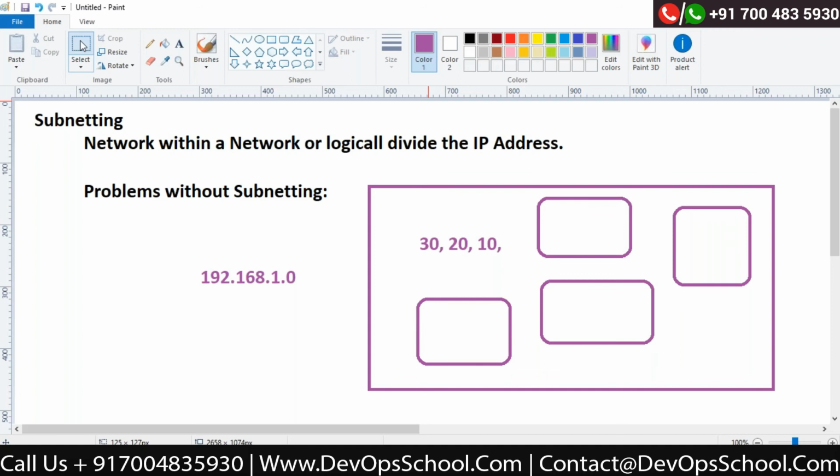Now I'm talking about LAN as well as the router side. At the router side, every single interface requires a unique IP addressing scheme. So subnetting helps us solve this problem.